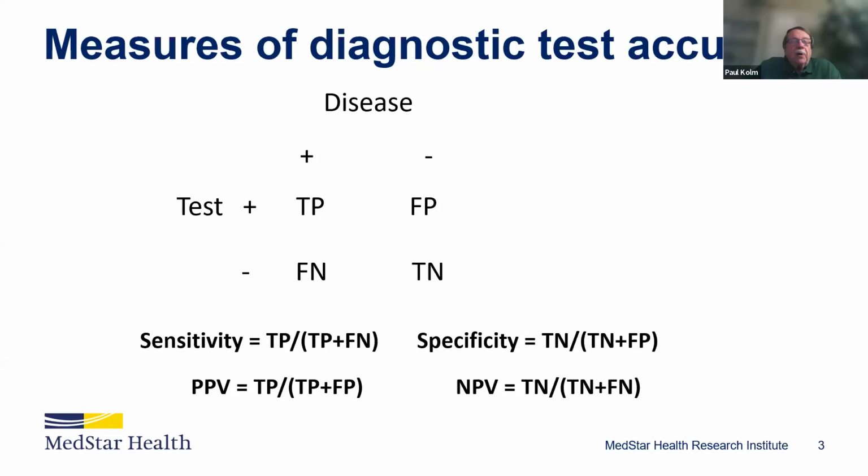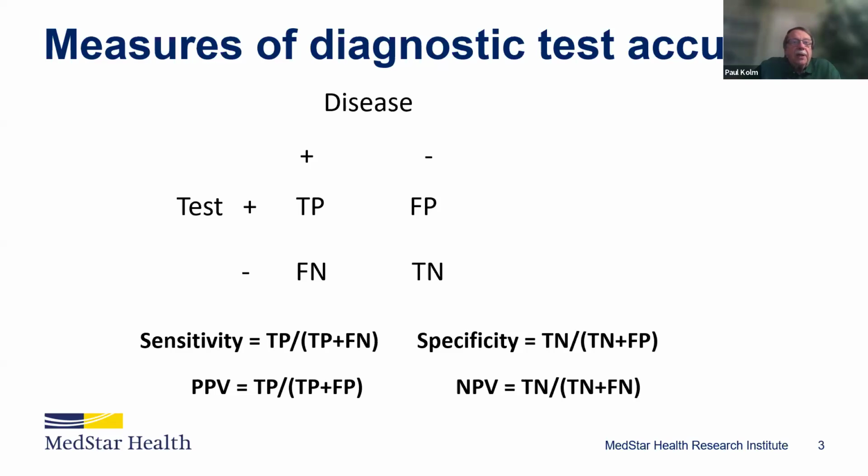And so then we have our four cells: true positives, false positives, false negatives, and true negatives. And then we can calculate sensitivity, specificity, and then our positive and negative predictive values.